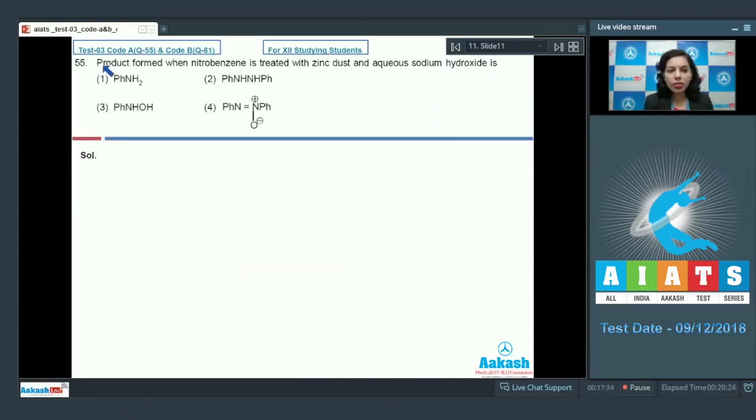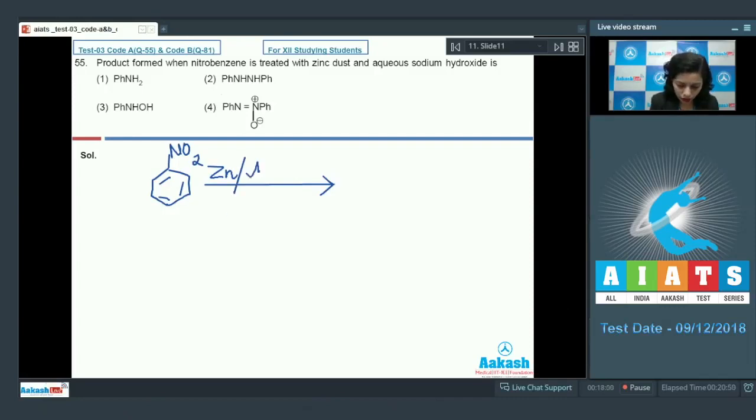Now question number 55. The product formed when nitrobenzene is treated with zinc dust and aqueous sodium hydroxide. So this is the reaction in which the substrate that we have is nitrobenzene, and we are treating this nitrobenzene with the reagent zinc dust and aqueous NaOH, sodium hydroxide.